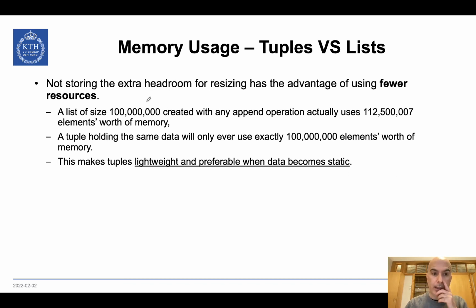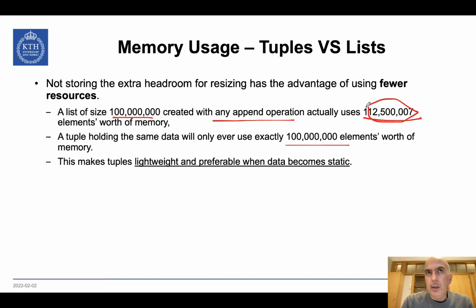For a list of 100 million elements, built with append operations, we create a much larger list because of the over-allocation. In the case of tuples, we can avoid this over-allocation, so it will be exactly 100 million elements. We can see here the benefits of using a tuple in the usage of resources.